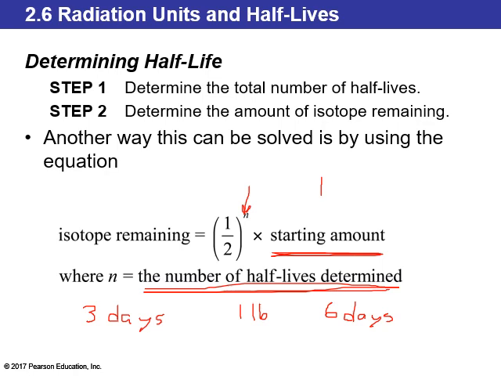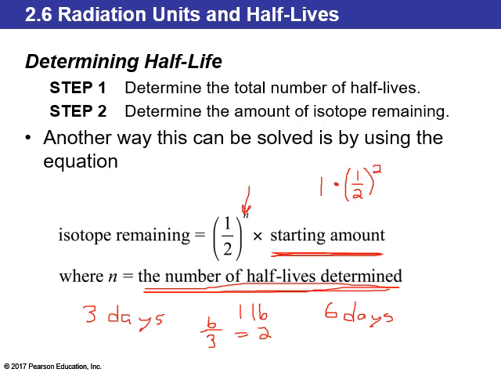We start with 1 pound. We multiply that by 1/2 raised to what power? n is the number of half-lives that have gone by. 1 half-life is 3 days. So we take 6 days divided by 3. That gives us 2.